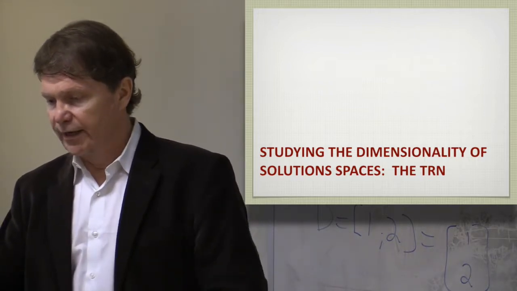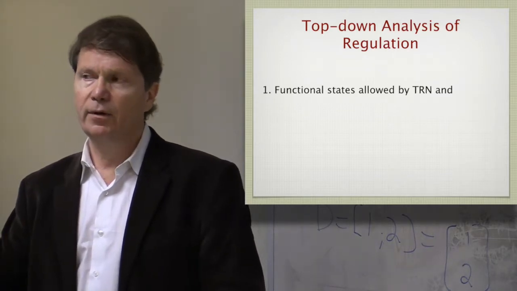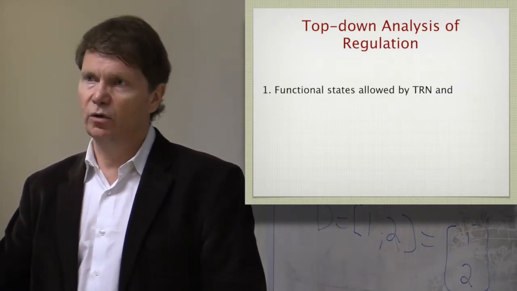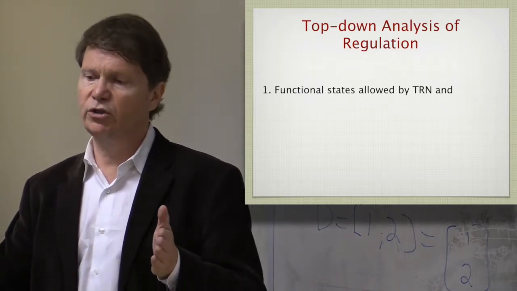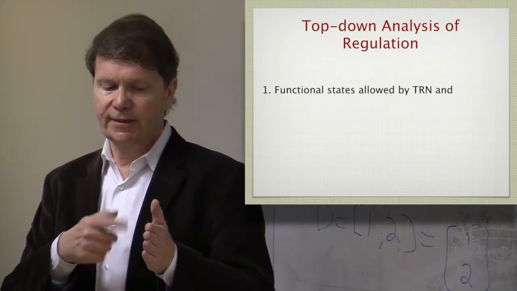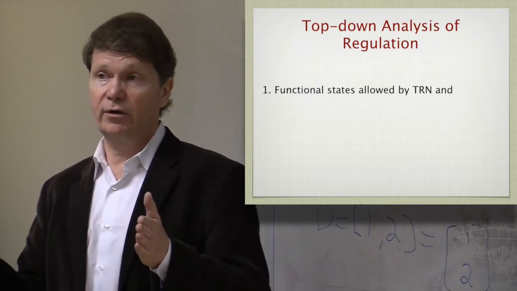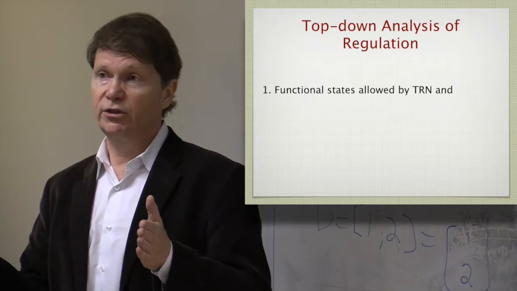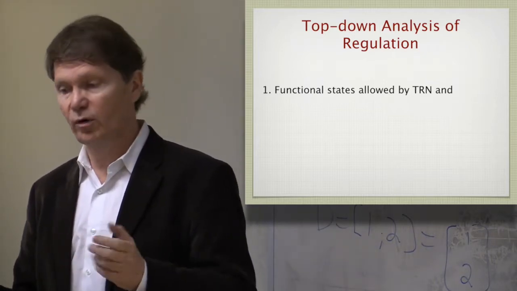Okay, so we can map onto a network known regulatory rules. So if you have a certain condition, the cell will sense that, implement the transcription factor, up and down regulate genes. And we can use that to subset an outer solution space based on observed regulation.